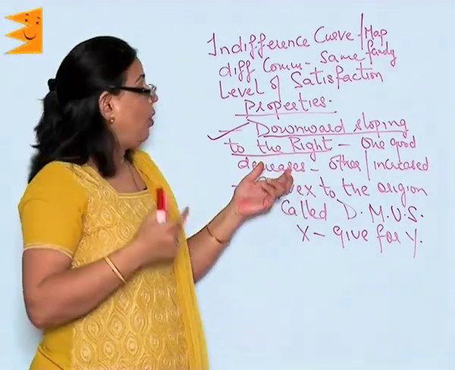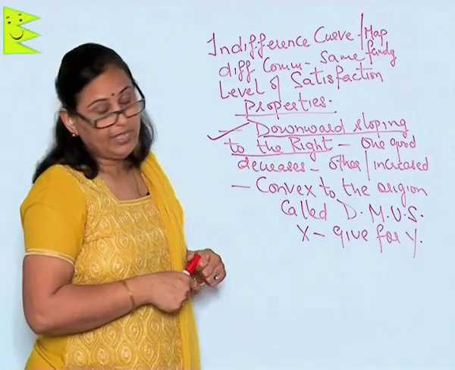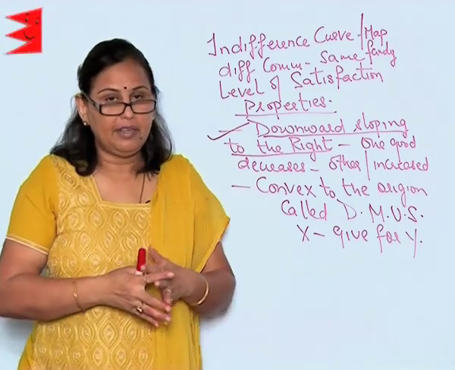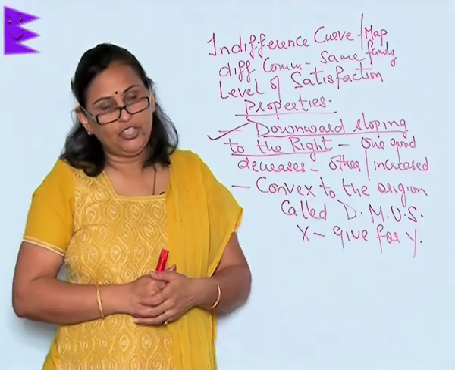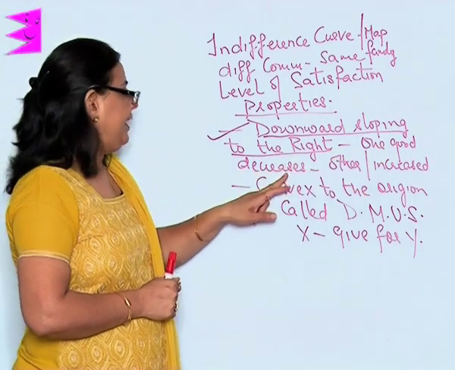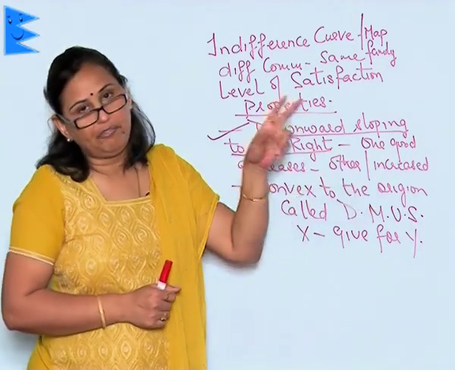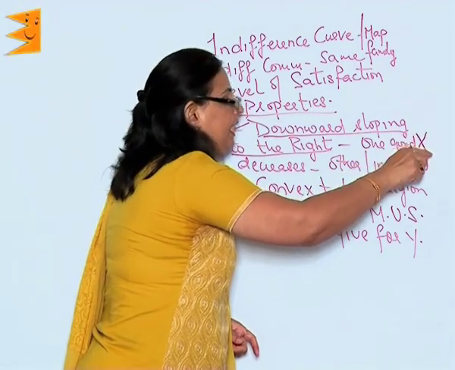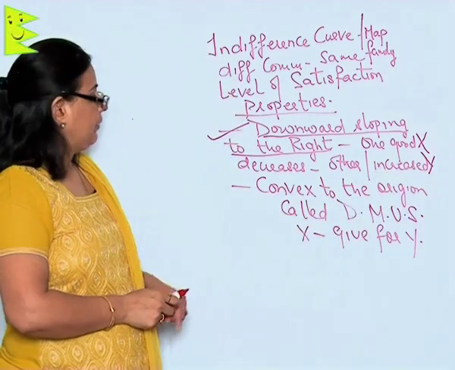Also, because the income is the same, the money is the same. For example, as I have given you many times, if I increase the number of jeans that I buy, then I have to decrease the number of t-shirts that I buy. So one good decreasing always leads to the increase of another good. X will become less and Y will automatically increase.